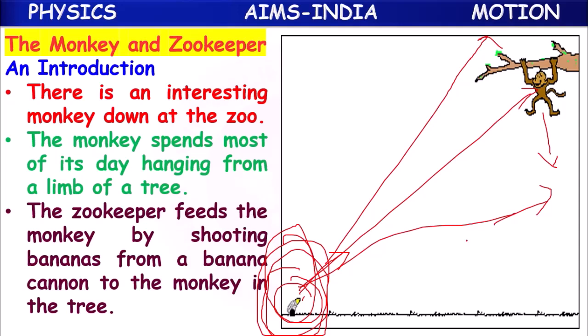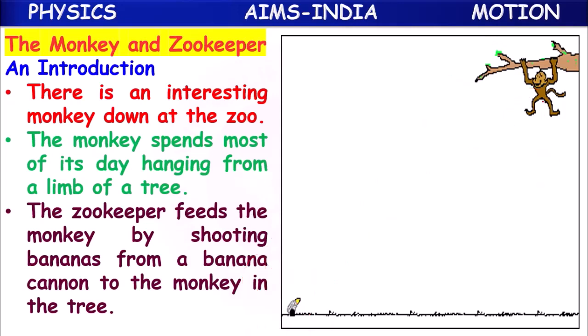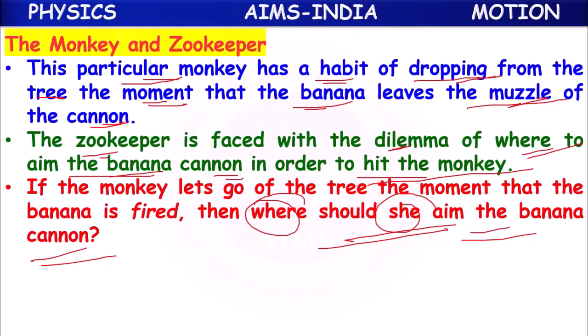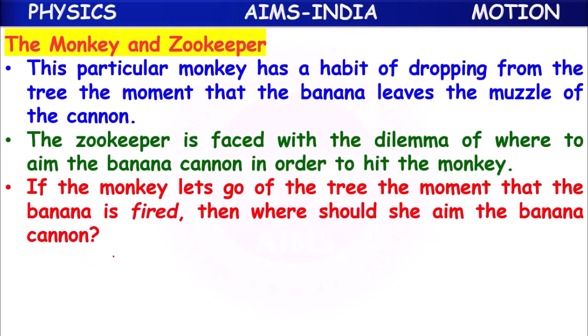In what direction should we shoot the banana cannon so that the banana will reach the monkey? So now the question is, where should he aim the banana cannon so that the monkey will catch the banana? That is our concept that he has to find out.